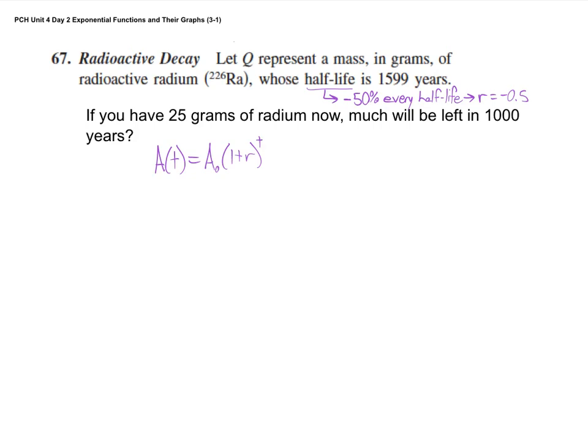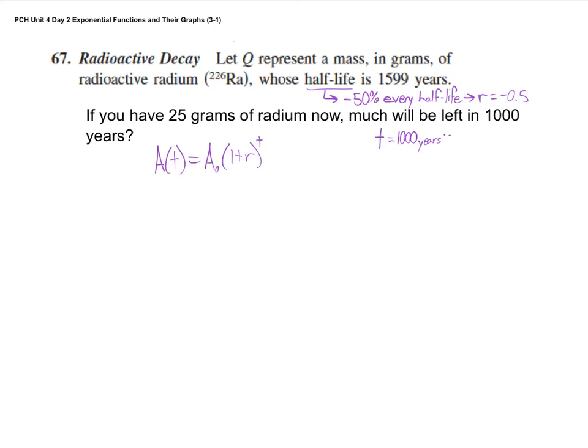Now, where you have to think about this a little bit is your time. Okay, our time has to be in terms of half-lives. Right now our time is 1,000 years. But we need to do a unit conversion.